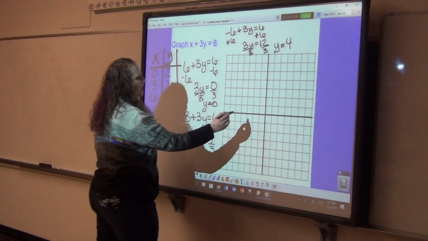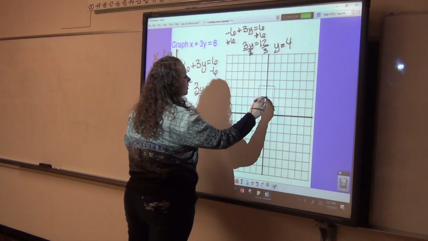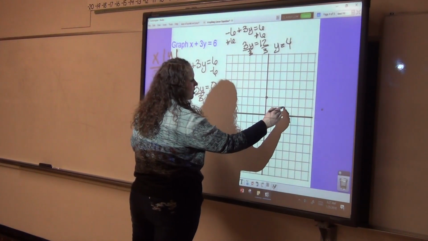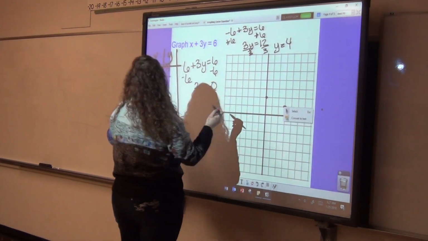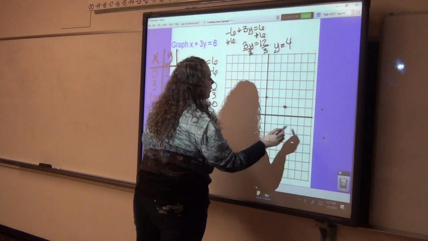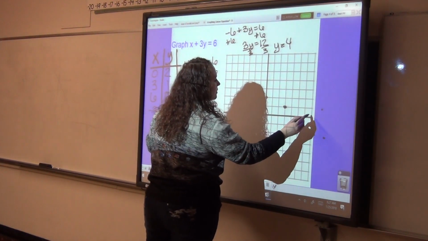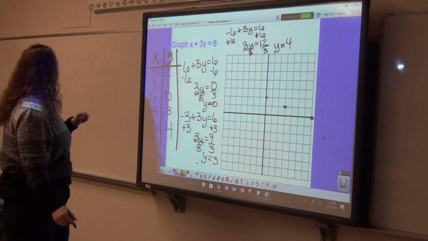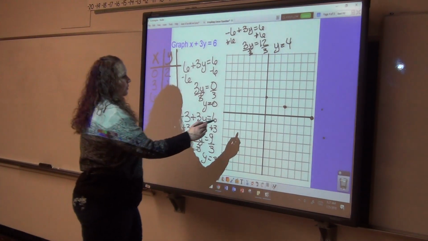So let's graph these. We have 0, 2. We have 3, 1. And we have 6, 0. Then we have negative 3, 3.